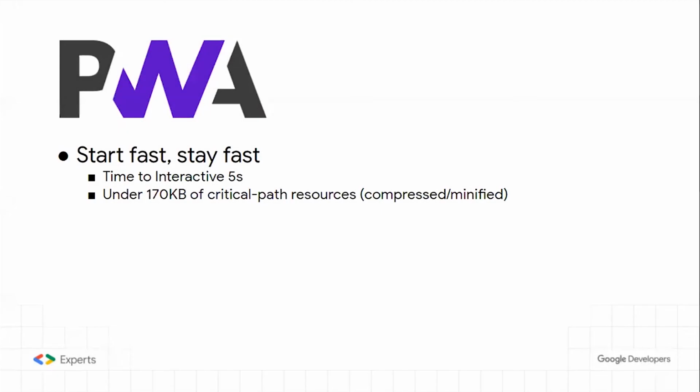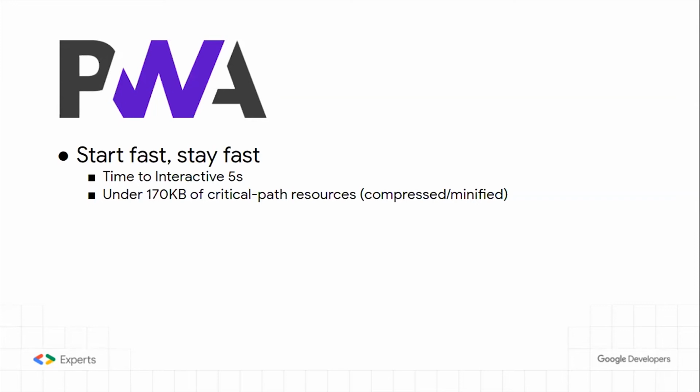That means if you want some kind of baseline, you'll need to have your website be interactive within 5 seconds. What does it mean? That means if your site loads, to be able to become interactive within 5 seconds, you'll need to have your components at 170 kilobytes or lower, compressed and minified.